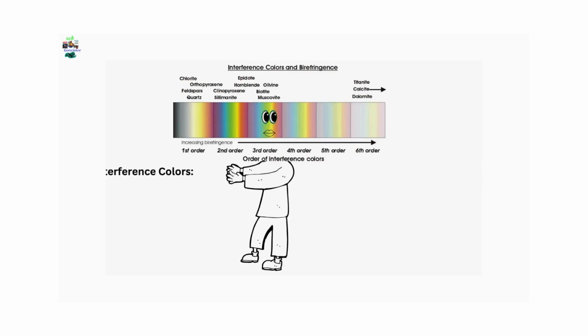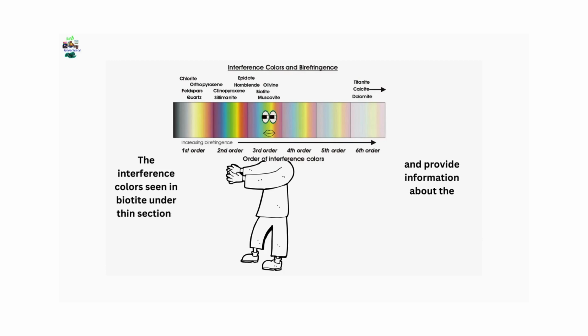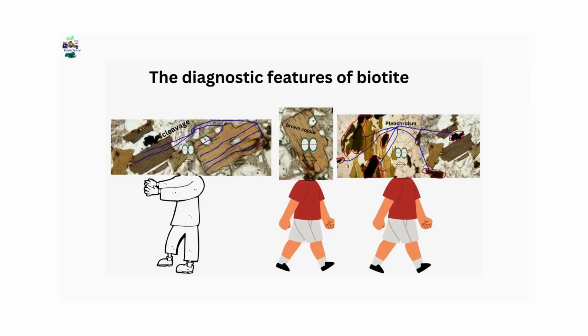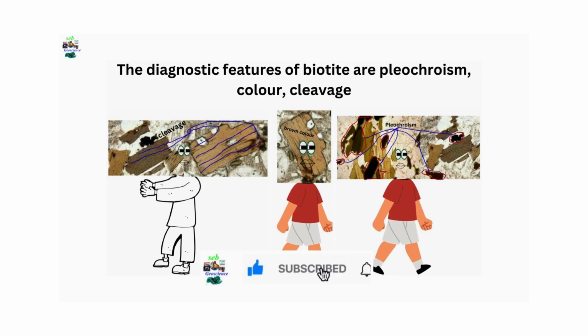The other important optical property of biotite is interference color. The interference color seen in biotite under cross-polarized light can help geologists determine its thickness and provide information about the mineral composition and strain. The most important diagnostic features to identify biotite in the microscope are pleochroism, color, and cleavage.